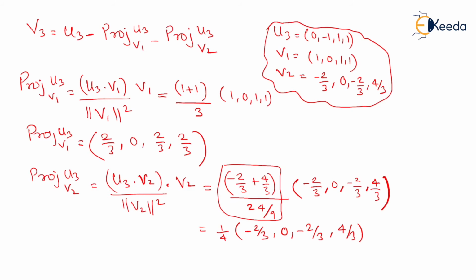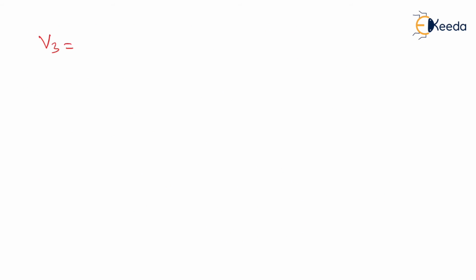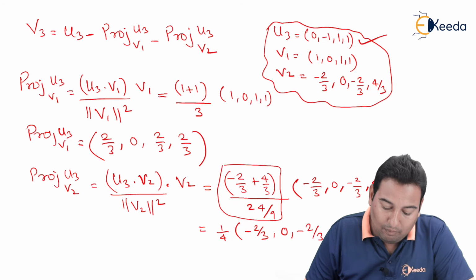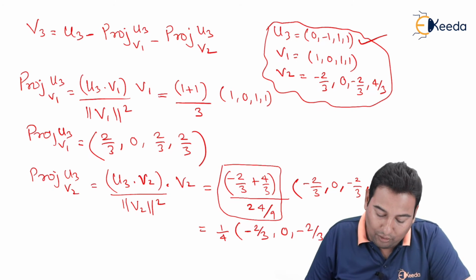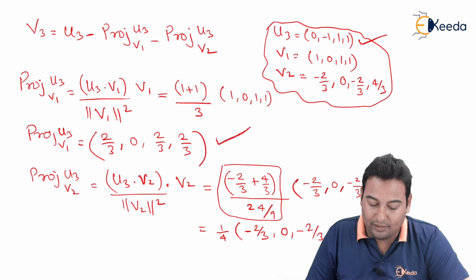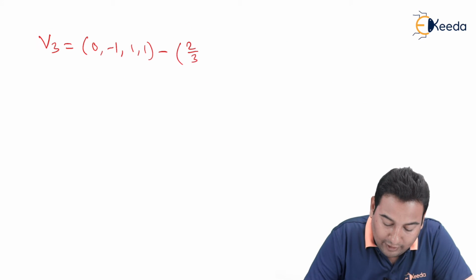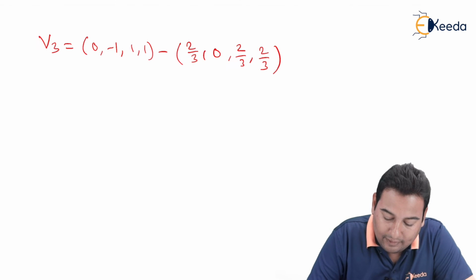Let's substitute. v3 is equal to u3. u3 is this, that is 0, -1, 1, 1, minus the projection of u3 on v1, that is 2 by 3, 0, 2 by 3 and 2 by 3.